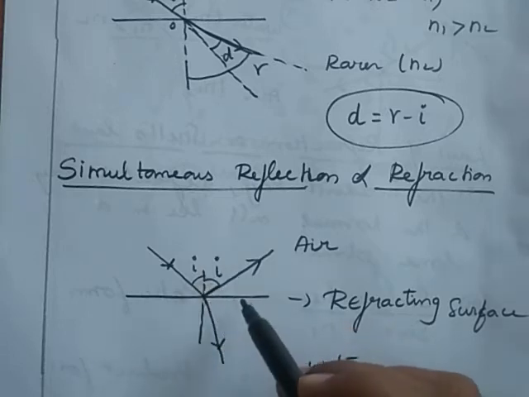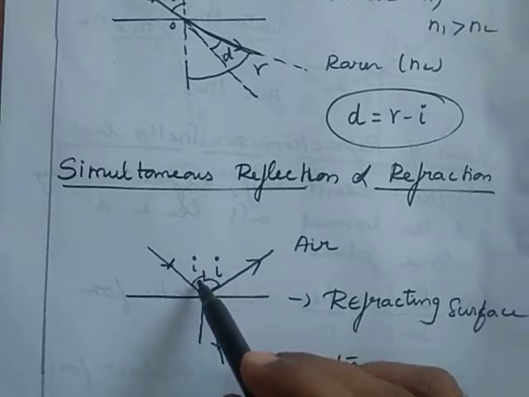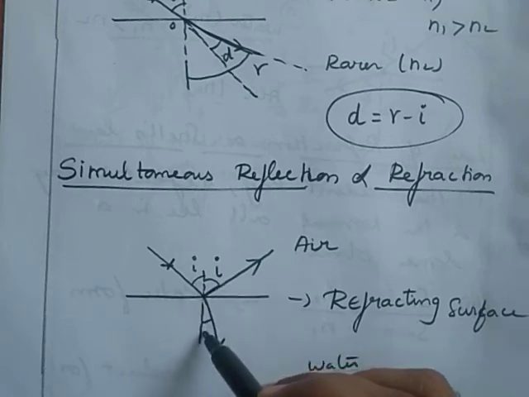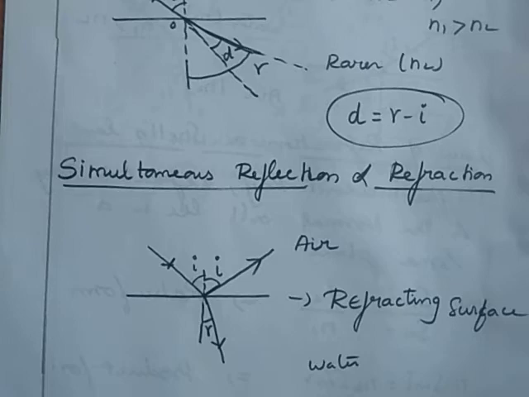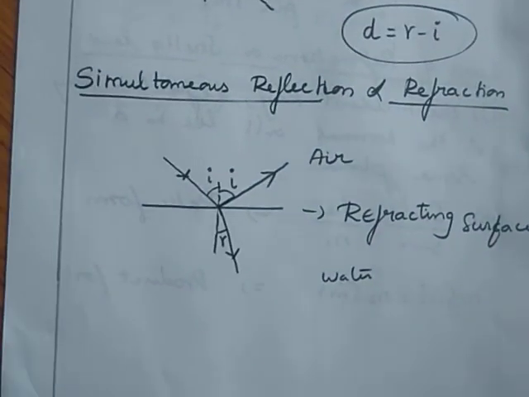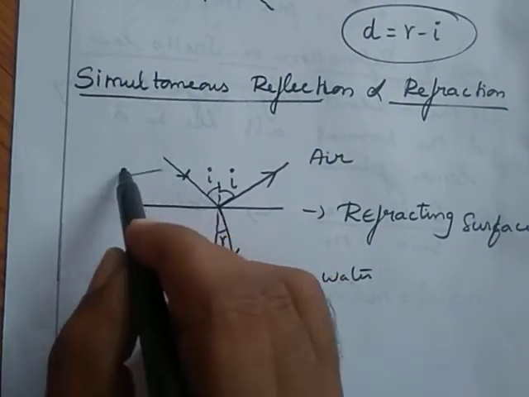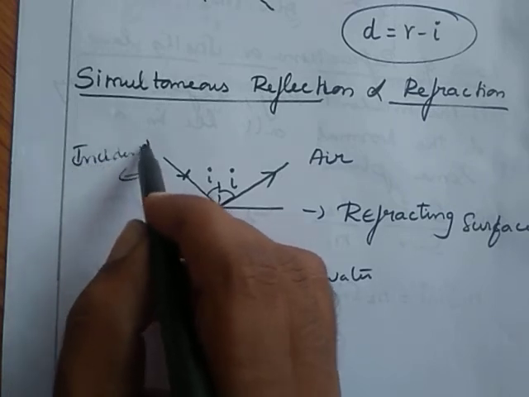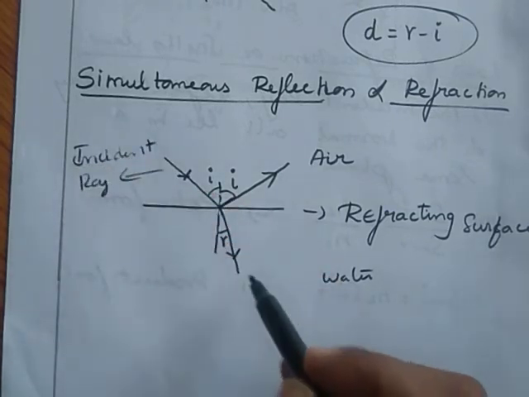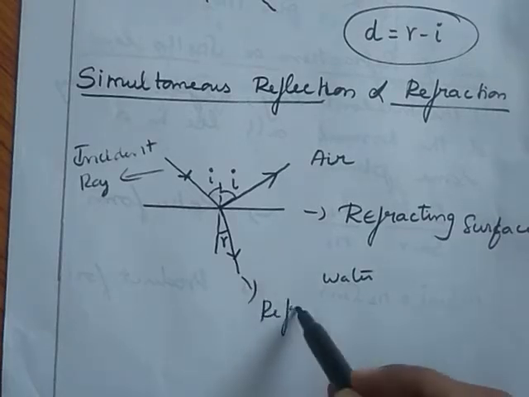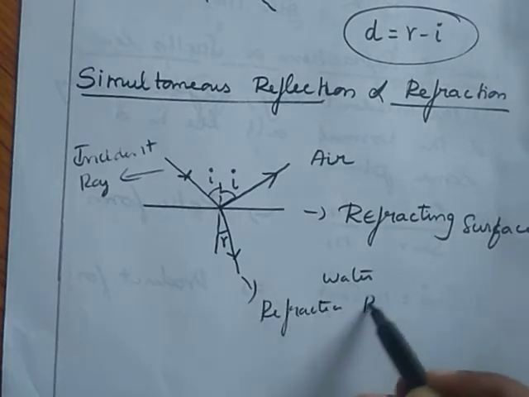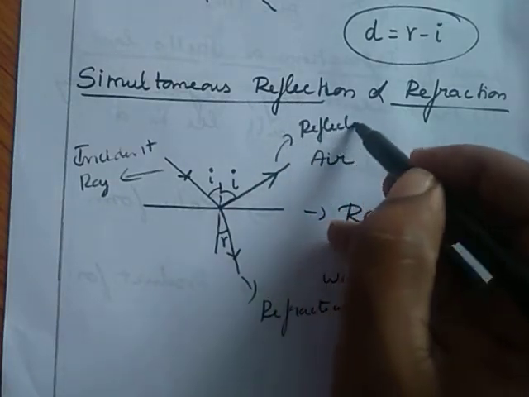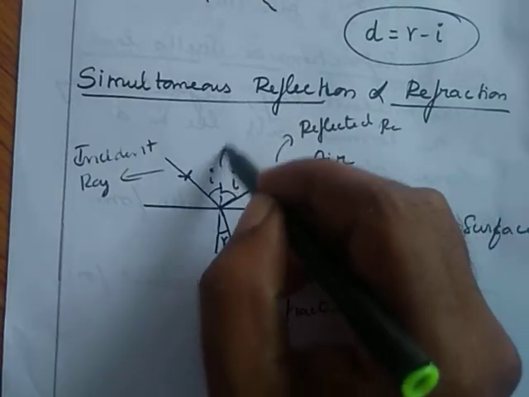We know according to the law of reflection, incident angle is equal to reflected angle. This is the angle of refraction r. Incident ray, refracted ray. This is the reflected ray. This is the normal.